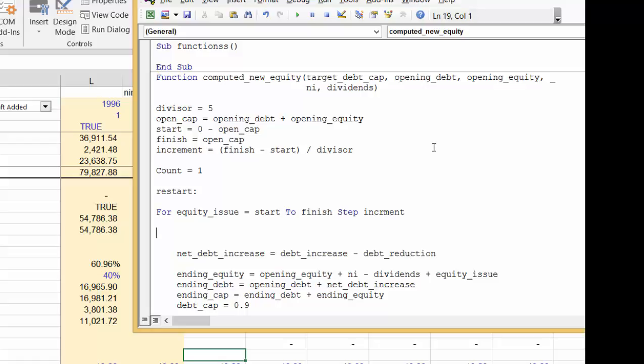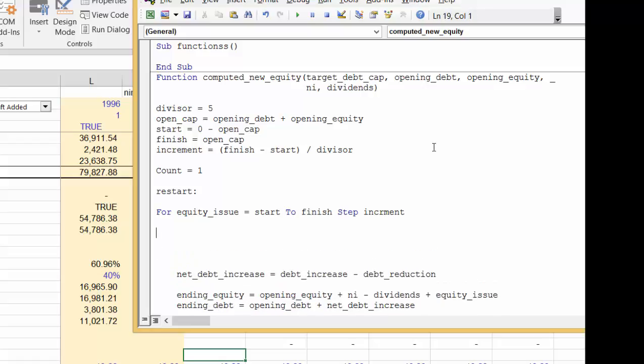Now to get this, we need to get the cash flow, so I'm going to go up here and put net cash flow equals base cash flow plus equity issue.